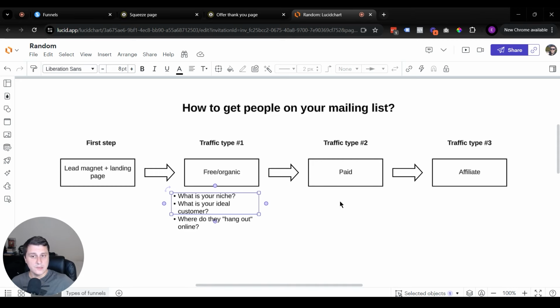For each niche, they have slightly different places where they hang out, right? Well, I guess everyone could be found everywhere, but certain demographics and certain people with certain interests will be hanging out more on one platform. Like in this case, my guess, I haven't looked at it, but my guess would be you can find them on Pinterest, right?